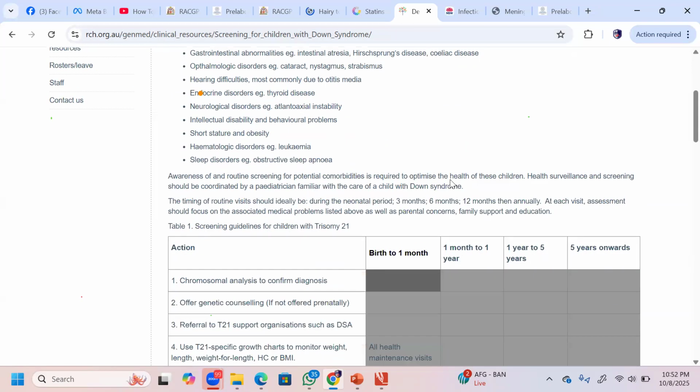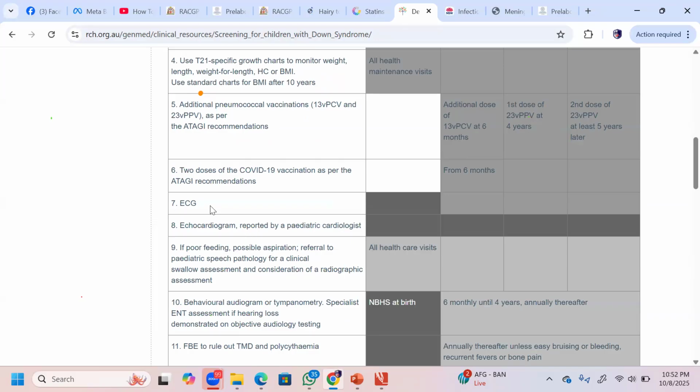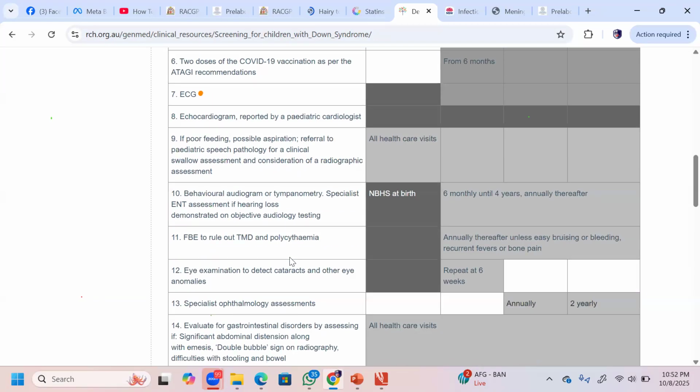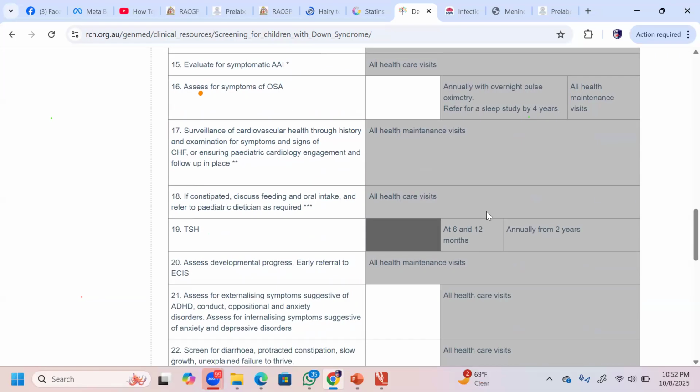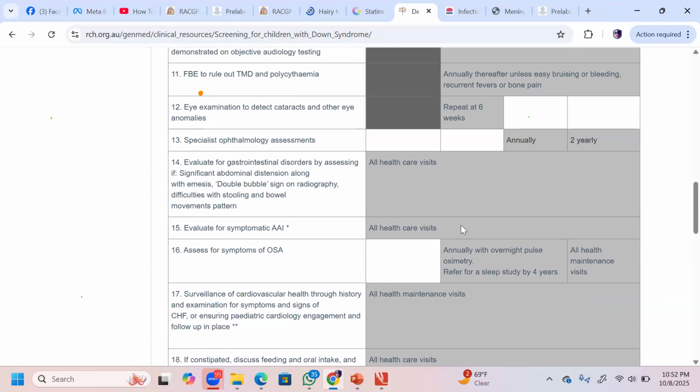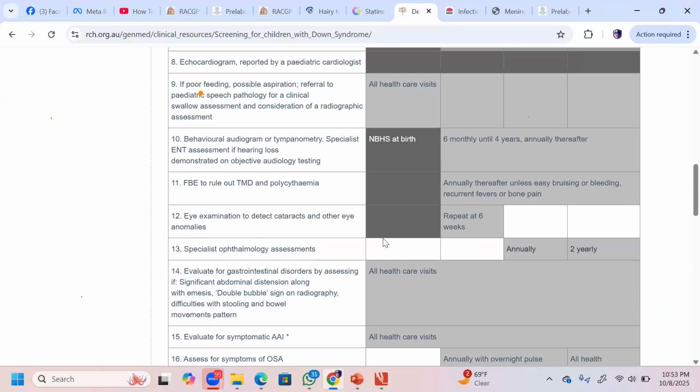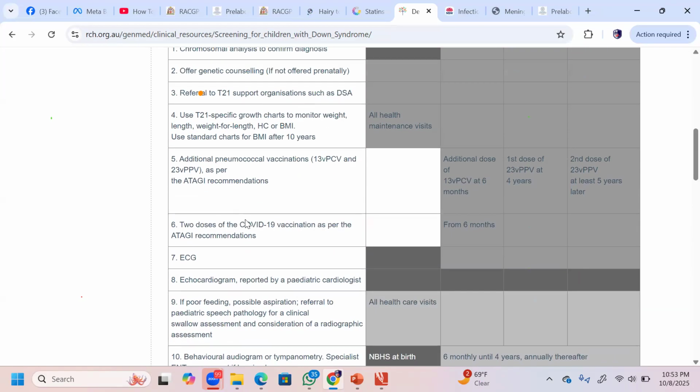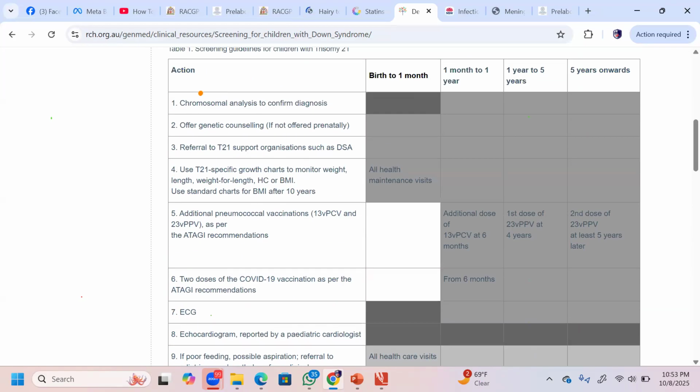Just give a superficial read. ECG first visit, echo every visit, TSH level first visit, then 6 to 12 months, and later annually from 2 years. These three you just need to know.